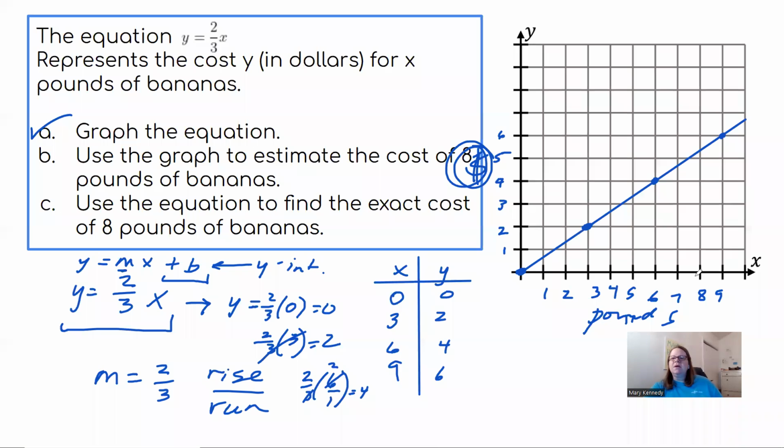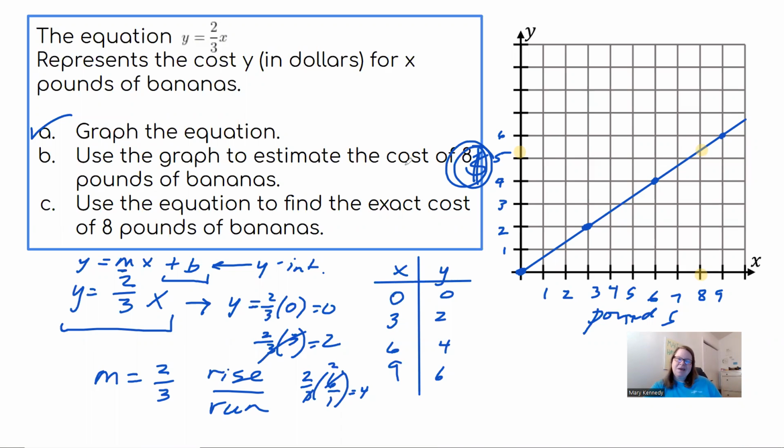So let's see, at 8 pounds, that's where our line crosses at the 8 pound mark, which is about something a little bit above $5, right? So you're estimating that it's a little more than $5.